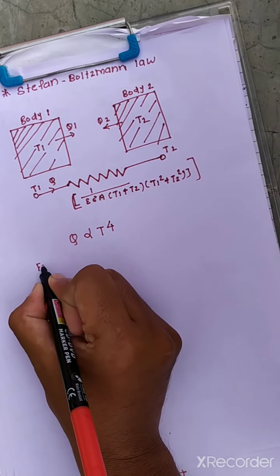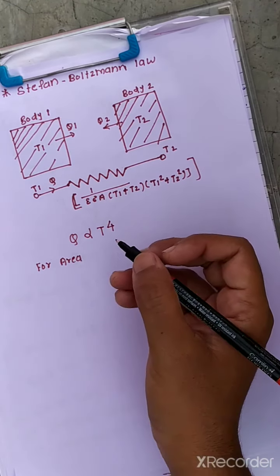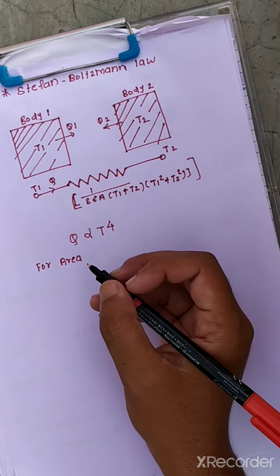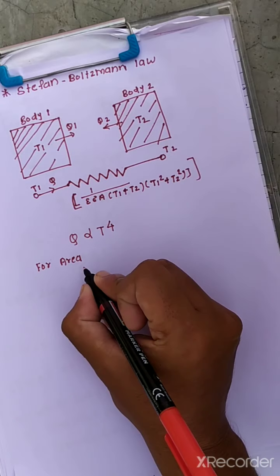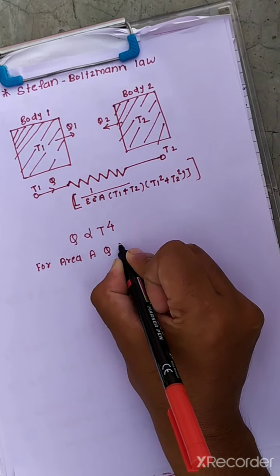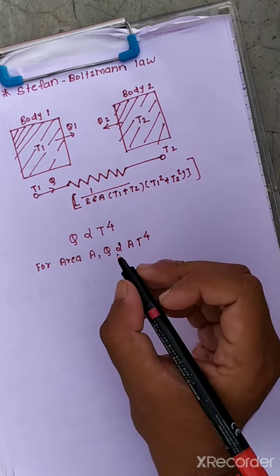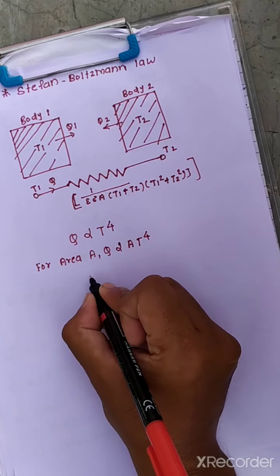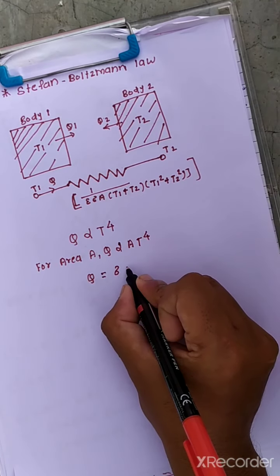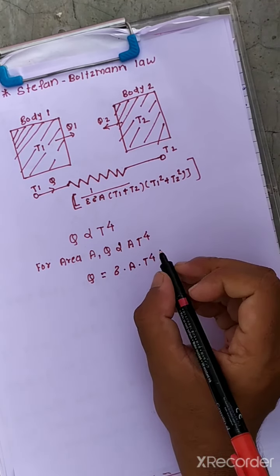So for area A, Q is directly proportional to A into T to the power 4. Q is equal to sigma into A into T to the power 4.